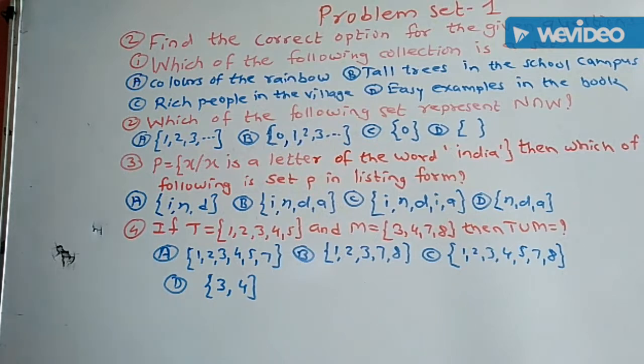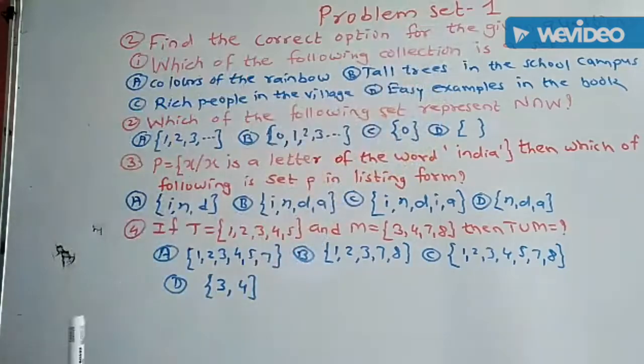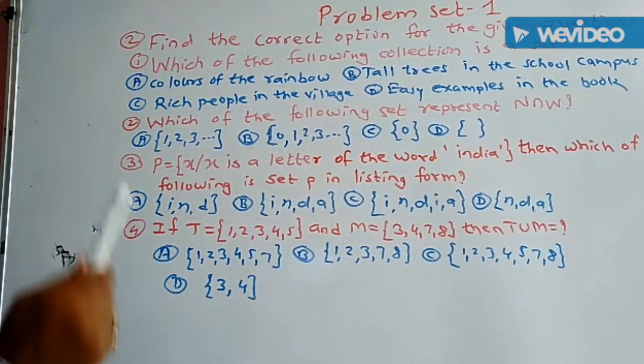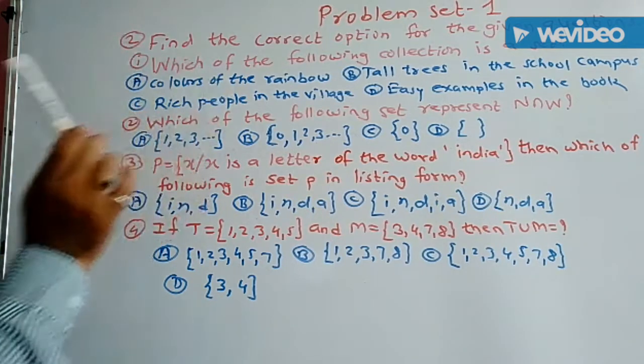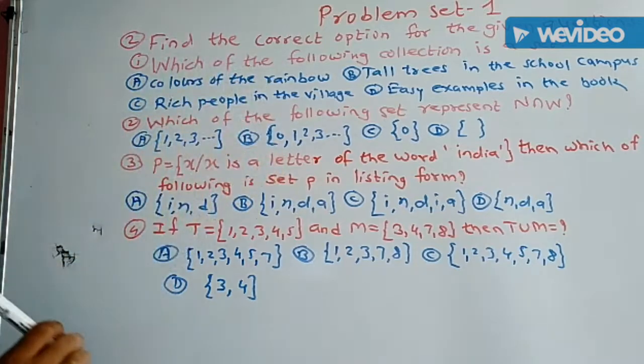Next example: find the correct option for the given questions. Which of the following collections is a set? Colors of the rainbow, tall trees in the school campus, rich people in the village, and easy examples in the book. There are 7 colors in the rainbow.